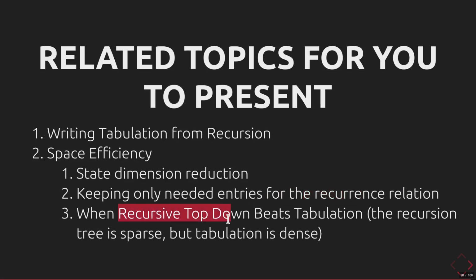So that is also an advantage of writing tabulation. There are times when top-down recursion beats bottom-up tabulation, when the recursion tree happens to be sparse but tabulation is dense, right?